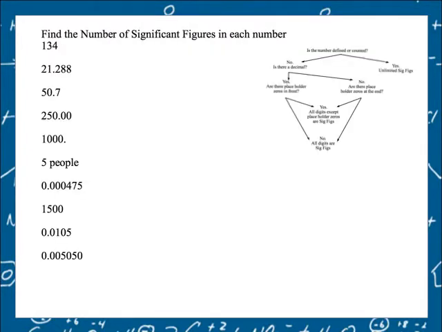Okay, let's work through some examples, and I took the little flow chart from the previous slide so that we can refer to it. This first question, is the number defined or counted? We're going to get this question out of the way because most of your things are not going to be answered yes to that. The way that you will spot that is I will have a unit there that will be something obvious that doesn't come in fractions: people, cats, cars, things that come as whole units.